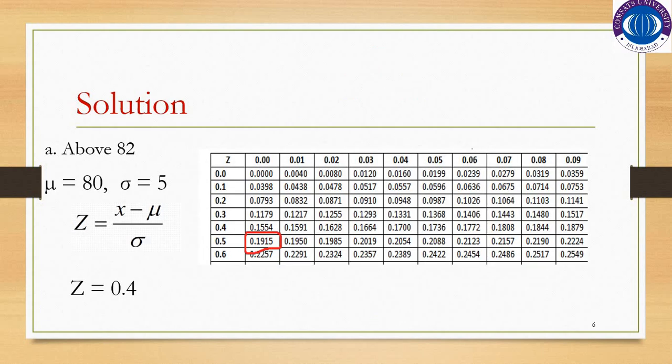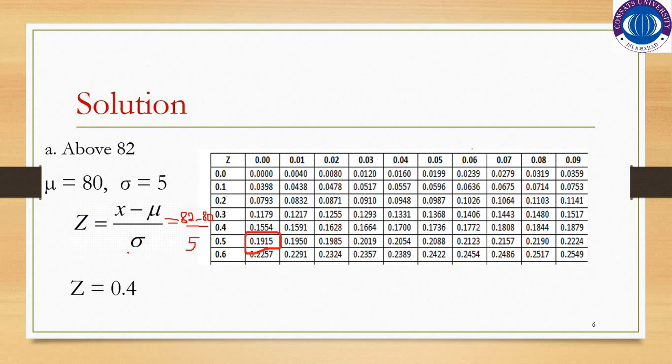The next part is that the student selected will score above 80. So it will be above 82. So it will be 82 minus 80 over 5, which will be 0.4.